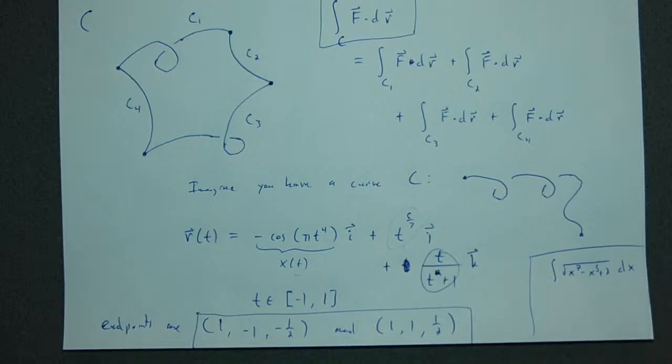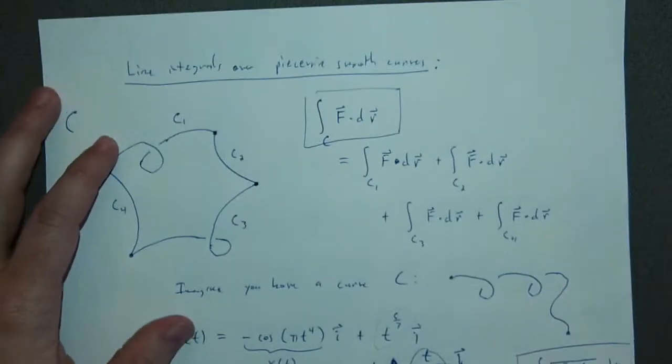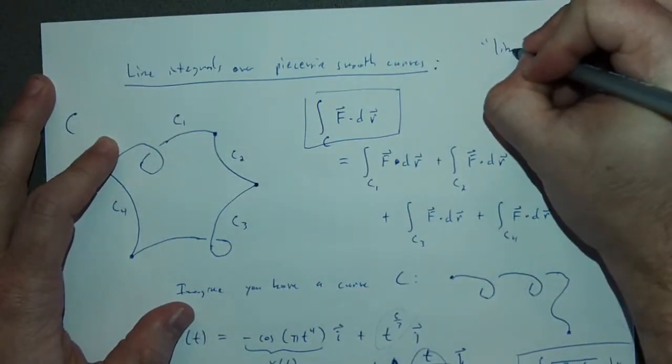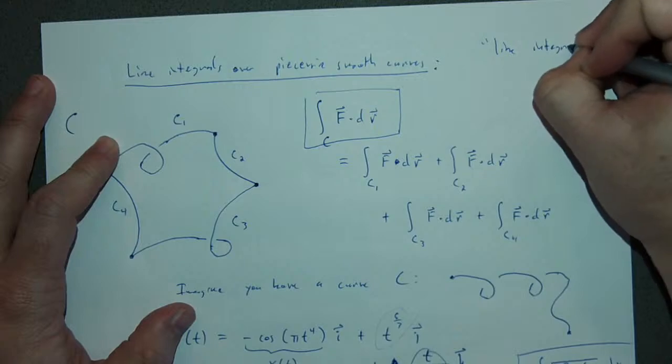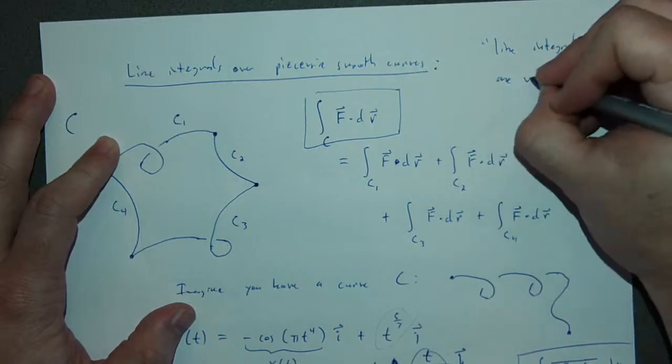All it takes is one exponent that is not the right thing, and the integral is undoable analytically. So in general, line integrals are nasty. Line integrals are very nasty.